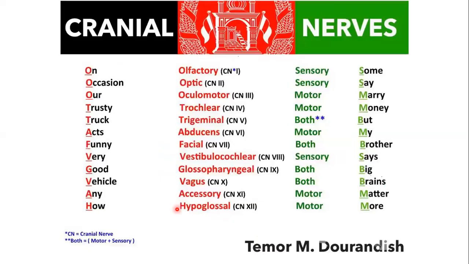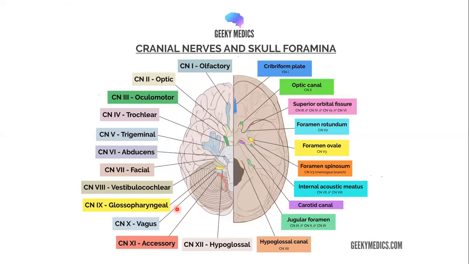So as we move on, cranial nerve 1 is the olfactory, 2 is the optic, 4 is the oculomotor, 5 is the trigeminal, 6 is the abducens, 7 is the facial, 8 is the vestibulocochlear, and 9 is the glossopharyngeal.